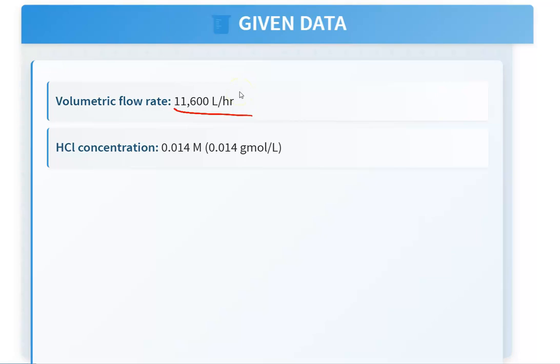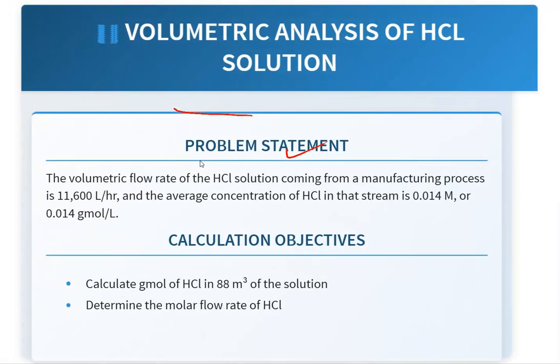So now here is the given data. Volumetric flow rate is given. Then the HCl concentration, 0.014 M or 0.014 gram mole per liter, is given. Then the volume for calculation: we have to calculate the gram mole of HCl in 88 meter cube of the solution.